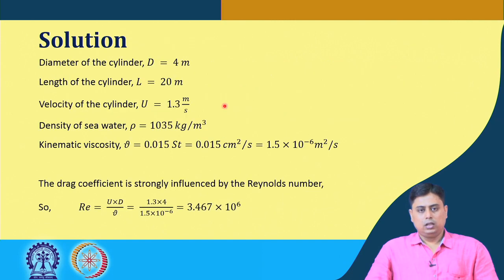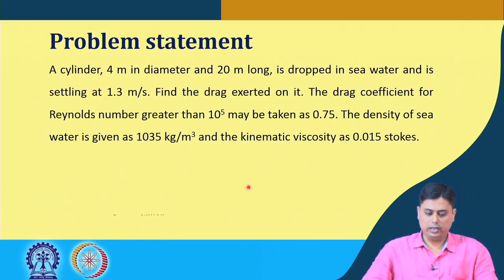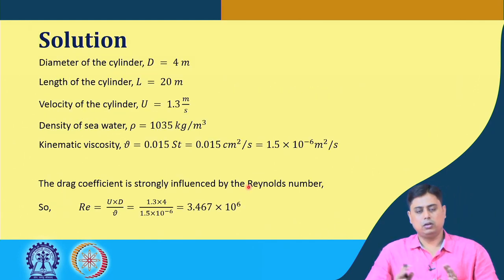Okay. So, here the diameter of the cylinder, length, velocity, density of water, kinematic viscosity, all this information is given. The drag coefficient is strongly influenced by the Reynolds number, because with the Reynolds number drag coefficient correlations are given. Okay. So, we have to find out at first the Reynolds number.